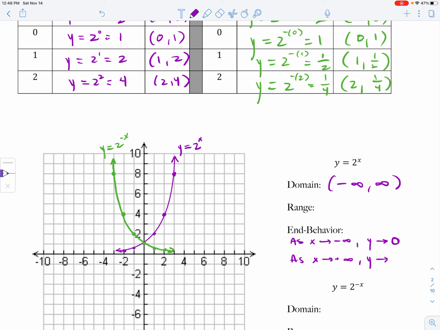And then as x approaches positive infinity, you can see the graph looks like it's trending towards positive infinity, but also if we just think about plugging in larger and larger values, 2 to the 1000th power, 2 to the 10,000th power, 2 to the 1 millionth power, those values are just going to get larger and larger, meaning that the function will approach positive infinity.